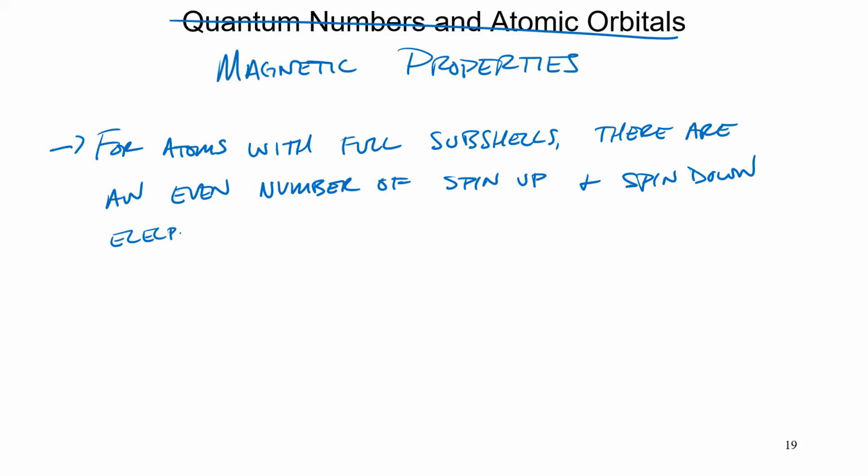Remember, spin up would be m sub s of plus a half. Spin down means m sub s is negative a half.